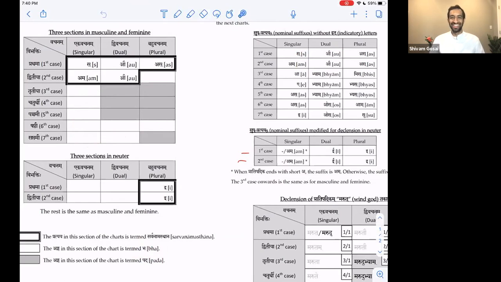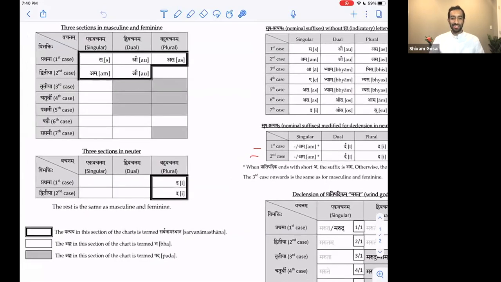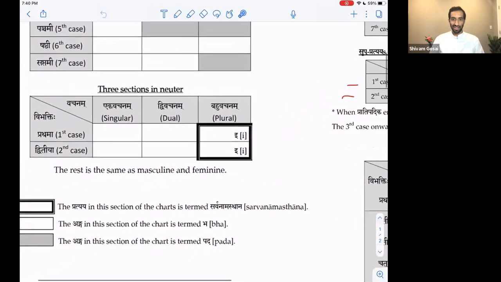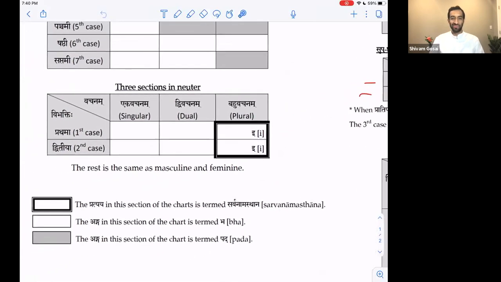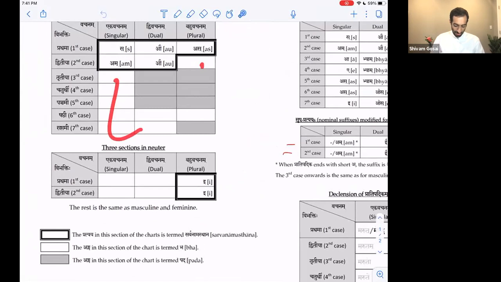I think you wanted some simple names, so put bha, just the letter bha. If you really want to impress someone, you can talk about bha and sarvanamasthana and pada section. But all this white area is called bha.